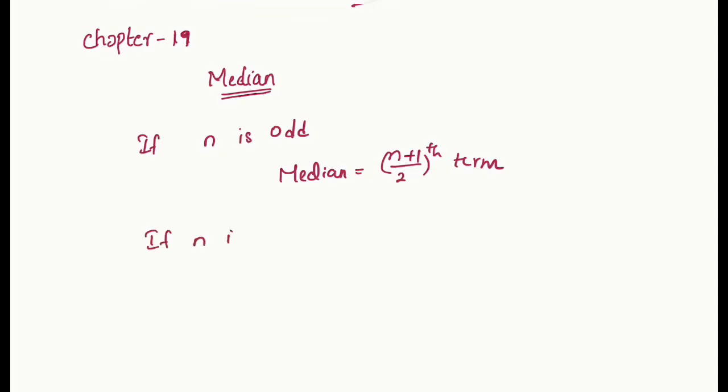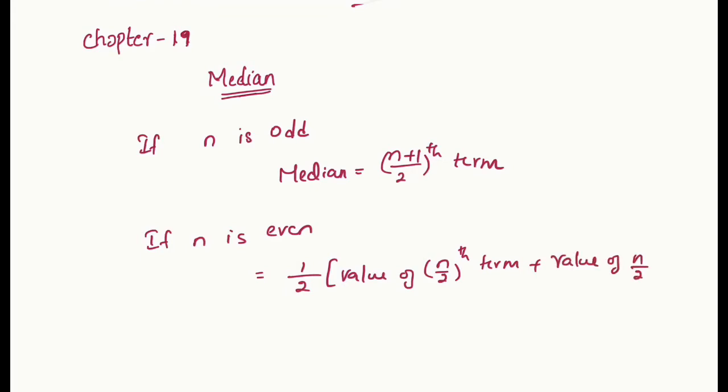If n is even, then median is equal to half of the value of the n by 2th term plus the value of the n by 2 plus 1th term. So this is the common formula for finding the median.